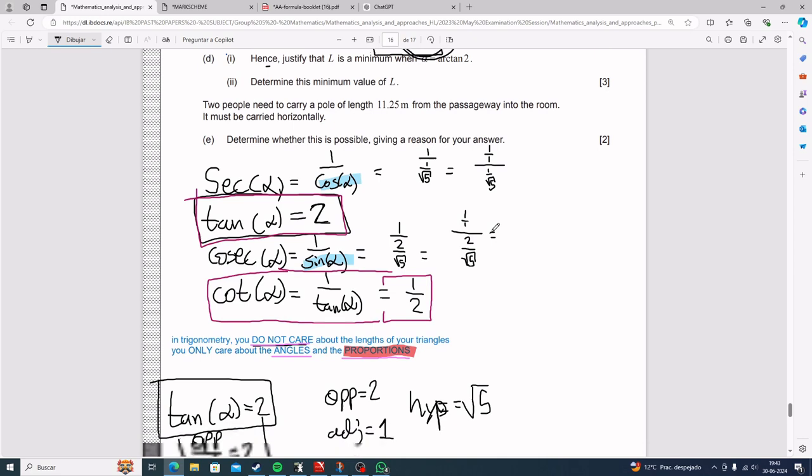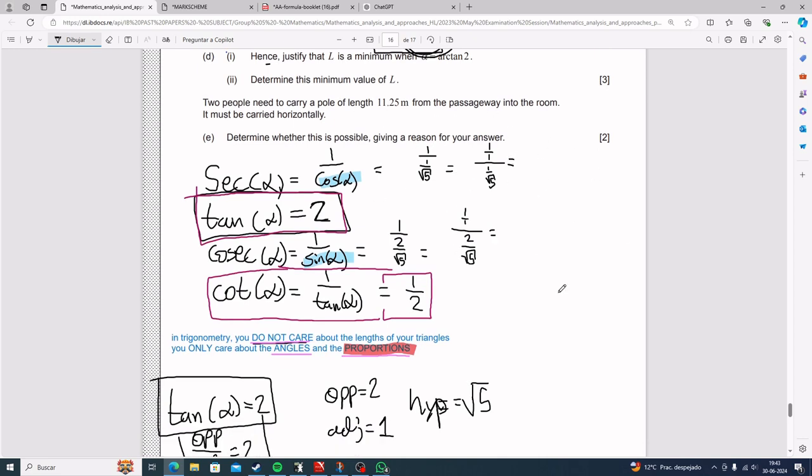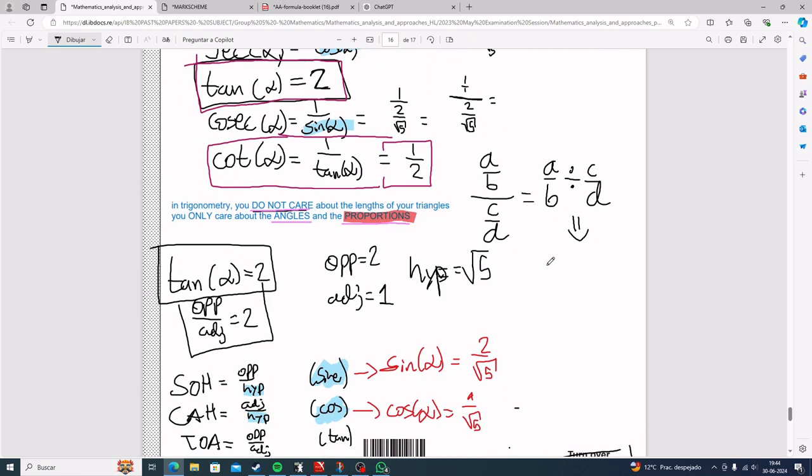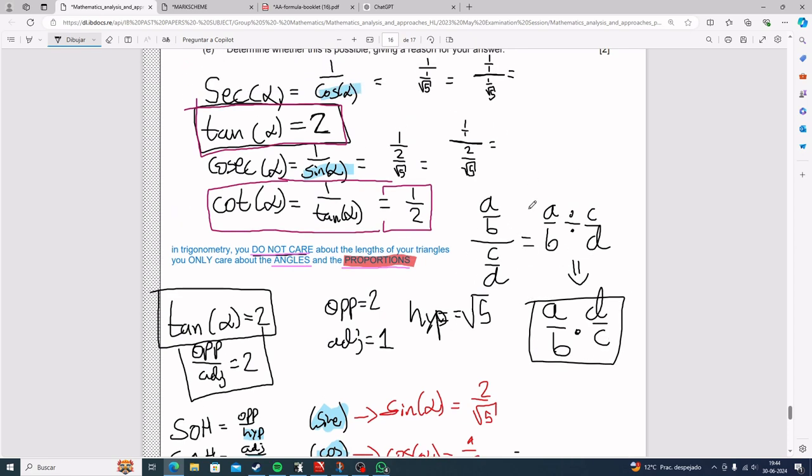When you reach this scenario of two fractions on top of each other, resulting in one big fraction, the way you solve it is, if you have a over b divided by c over d, it's the same as a over b divided by c over d. And because you are dividing fractions like this, you do the reciprocal for multiplying. You must have learned at some point that this turns into this. So you flip the c and d. That is one way you can think about it.